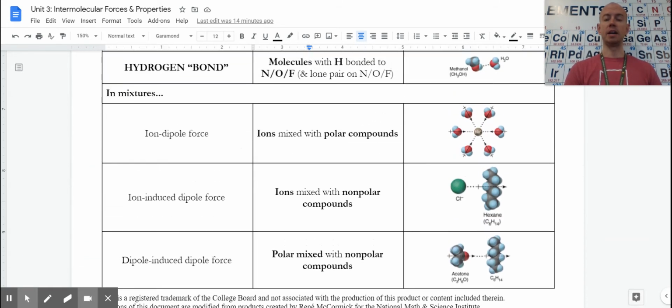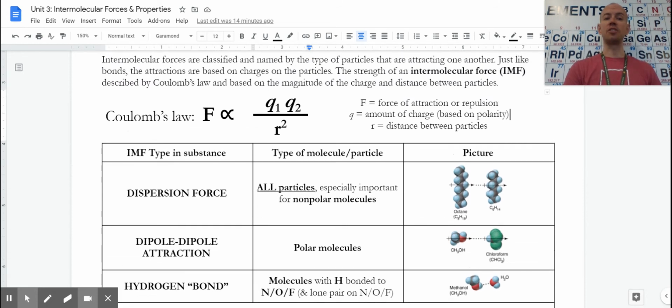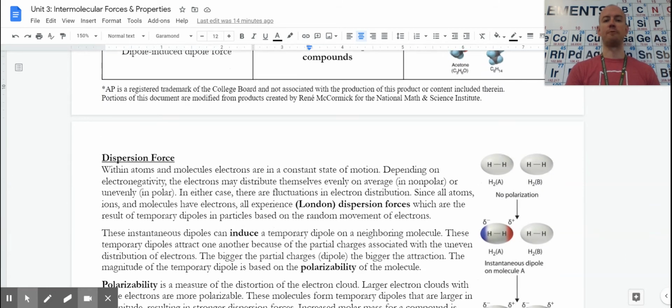So to come back here, all of these are thought of in terms of this. If I have a small temporary charge to another small temporary charge, I have a weak attraction between them. But as that becomes larger, as I have bigger temporary polarity, I can have a bigger dispersion force.